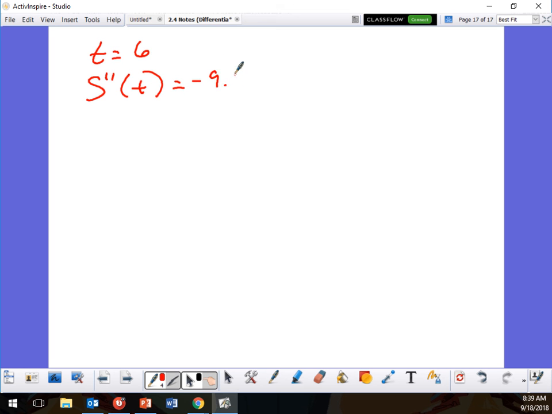Negative 9.8, right? Was there a variable on that one? No, there was no variable. So my s double prime of 6 is going to be negative 9.8. There's no variable, so it just comes out. It's a constant right here.